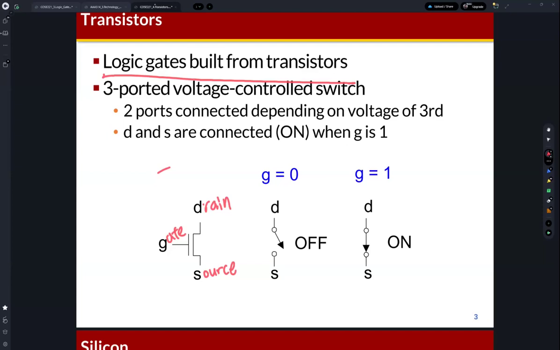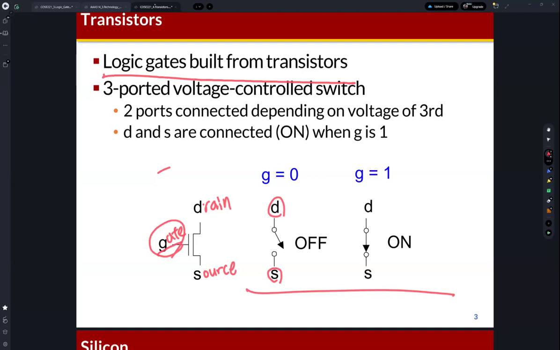This is the simple behavior of a transistor. This is drain, this is source, and this is gate. We can use the gate to control the behavior of a transistor.